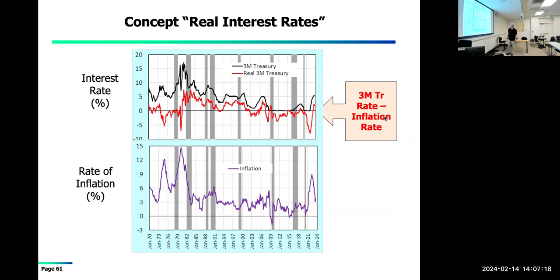Let's talk about real interest rates because this is what the Fed looks at, believe it or not. And what are real interest rates? Real interest rates are those interest rates adjusted for inflation. So the 3-month treasury rate is the rate on the issued treasury, but if you subtract the inflation rate, you find out what's happening with real interest rates.